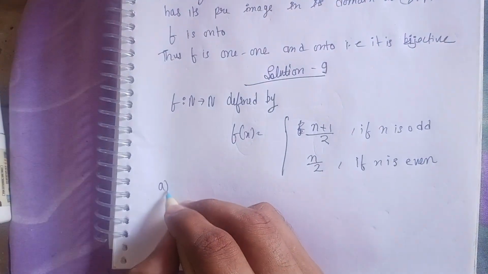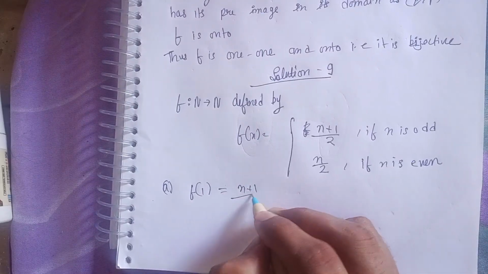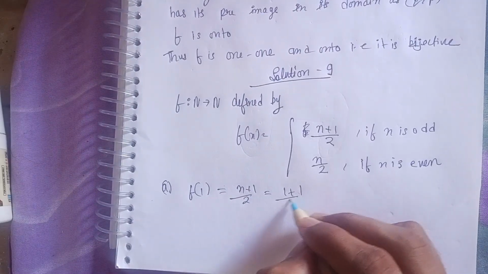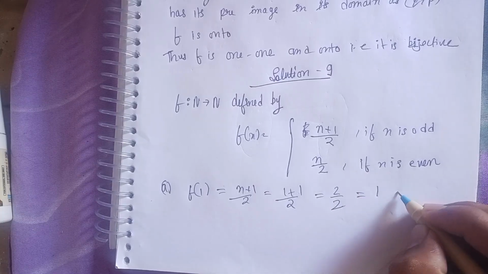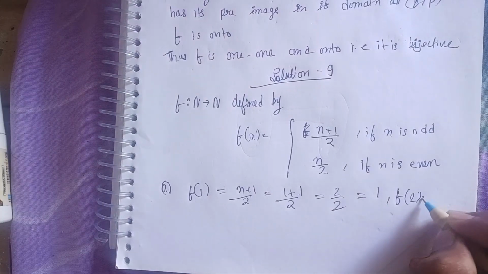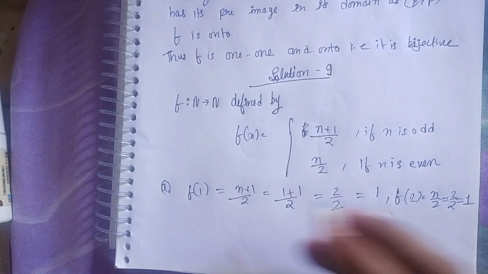Now f(1) is equal to (n plus 1) upon 2, which is (1 plus 1) upon 2, that is 2 upon 2. After solving this we get 1. f(2) is equal to n upon 2, which is 2 upon 2, equal to 1.